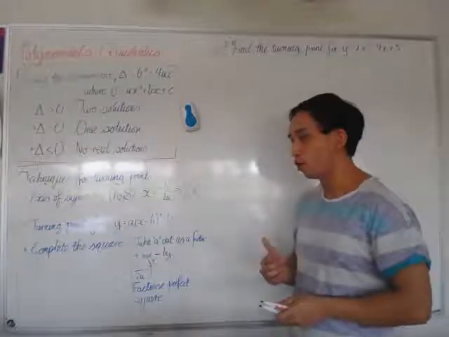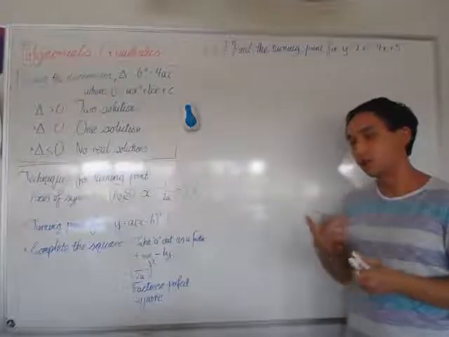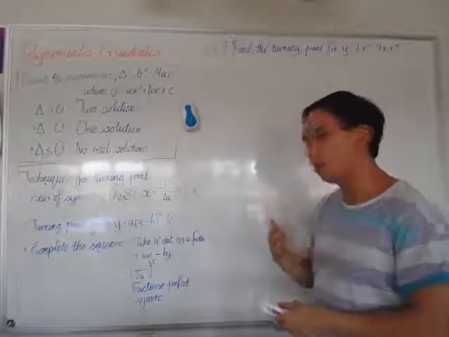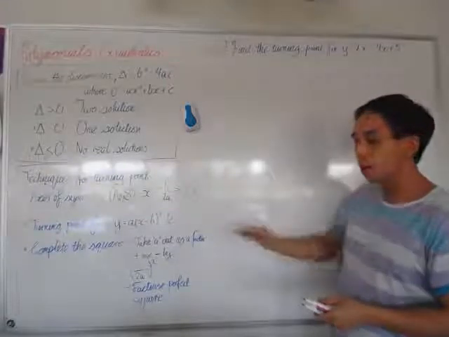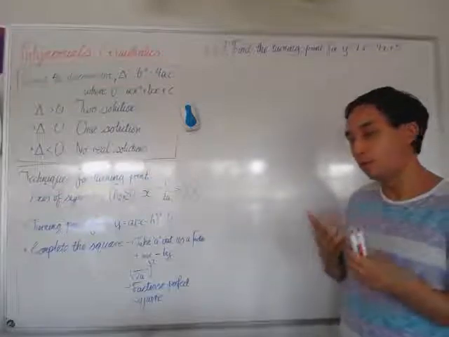Alternatively, you can try to manipulate your expression on the right into turning point form. To get it into this form, if you're going from standard form, you'll need to follow these few steps, which are what we call completing the square.